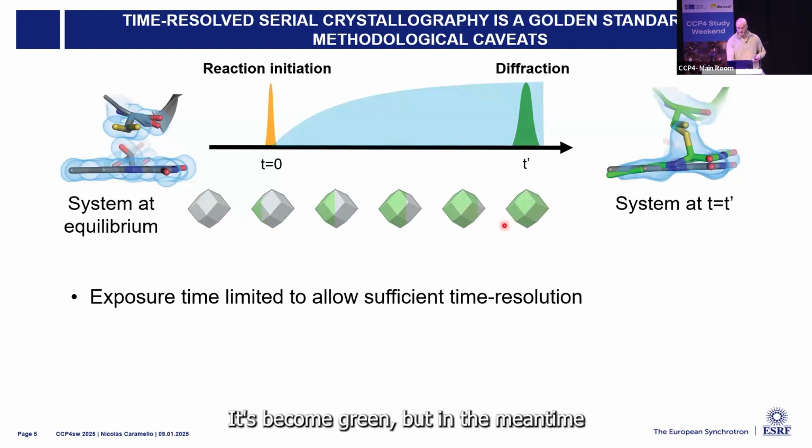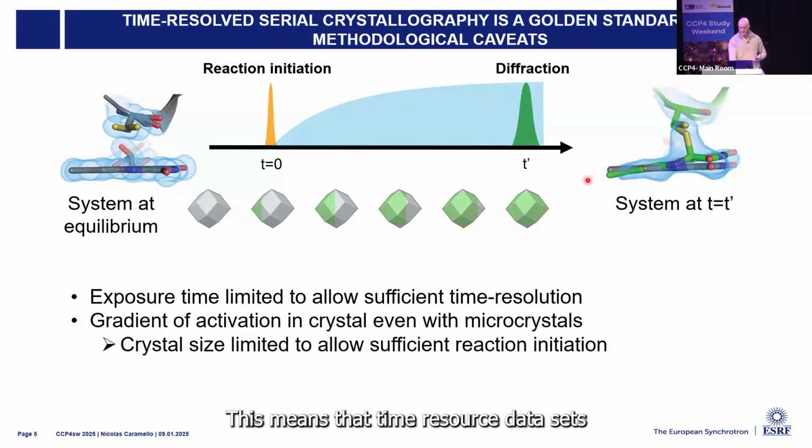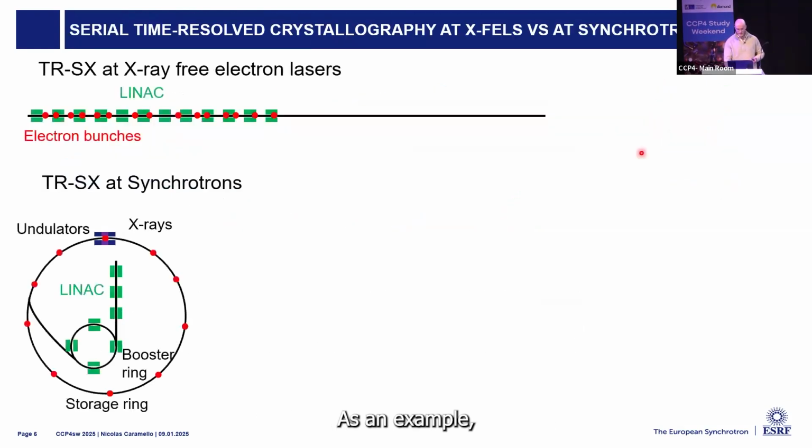It's become green, but in the meantime, you will have had an increasing gradient of occupancy. This means that time-resolved datasets often contain a mixture of different intermediate states. Here I have the gray state, which is the resting state, and the green state, which is the light activated state, as an example.